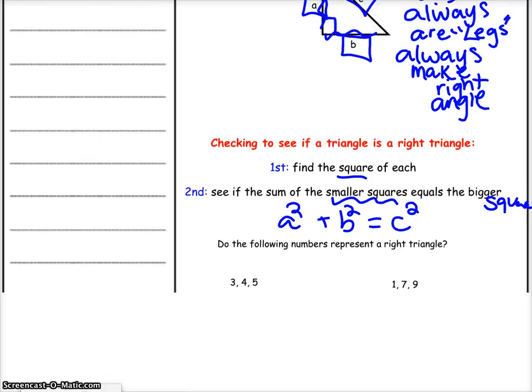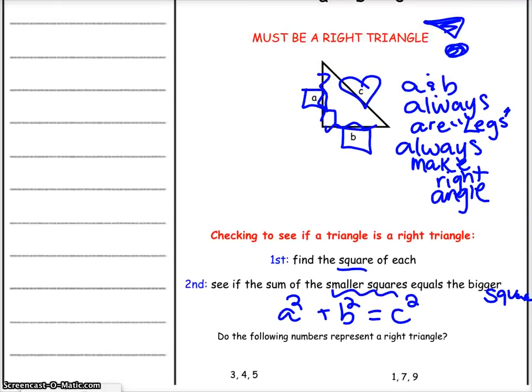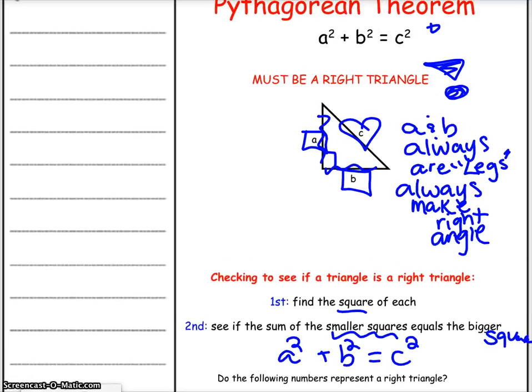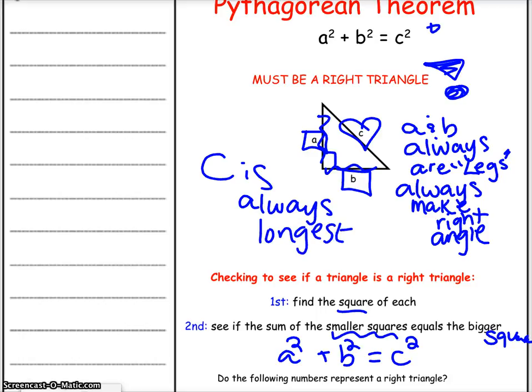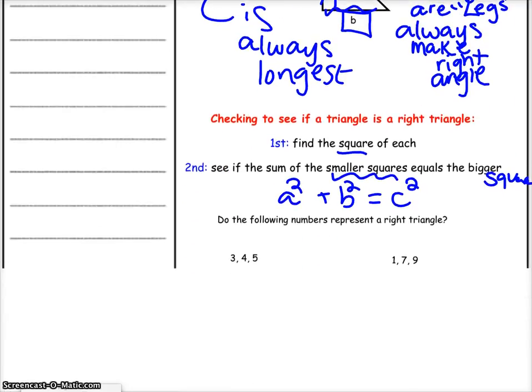Hypotenuse connects the 2 legs. Hypotenuse is C. C is always the longest dimension. Okay, so A and B make the right triangle. C is whatever that longest dimension is.